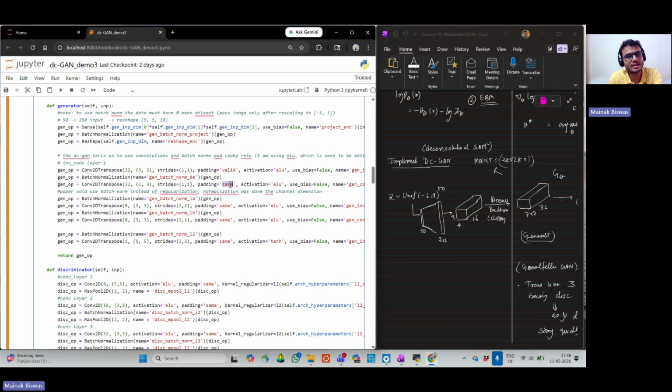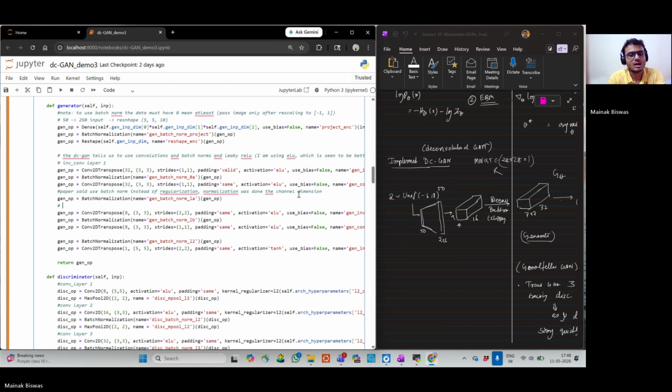Here, wherever you have 2 by 2 strides, it means the dimensions will double. The strides being 2 by 2 in our deconvolution means you're upsampling 2 times and then taking convolutions. That's what this conv transpose does: you upsample twice and then take a convolution.